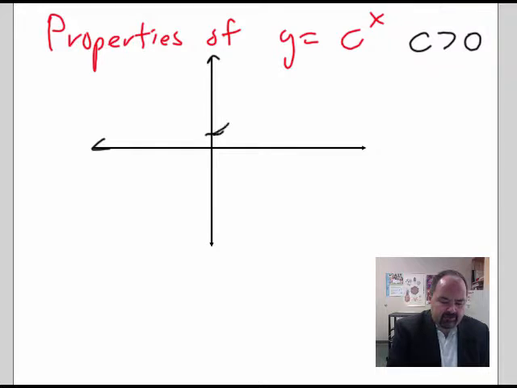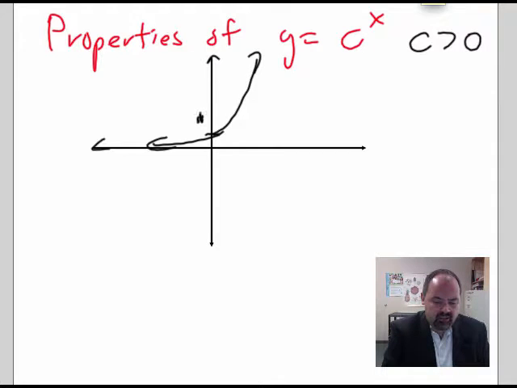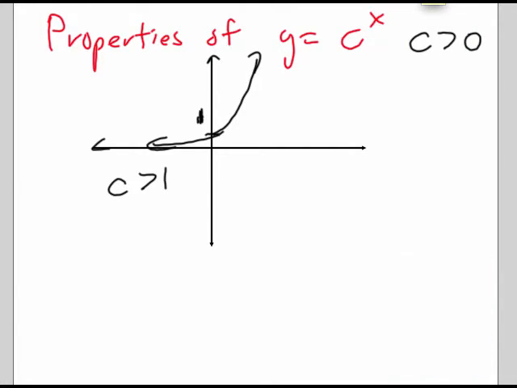Alright, so just to generalize the properties of y equals c to the x, where c is positive, we have a growth graph that passes through the y-intercept of 1. You'll notice that all of the graphs in our example did that. All exponential functions have a y-intercept of 1. And the graph will look like that if c is greater than 1. The graph will fall with an asymptote on the x-axis if c is between 1 and 0. And the more uninteresting situation is when c is 1.